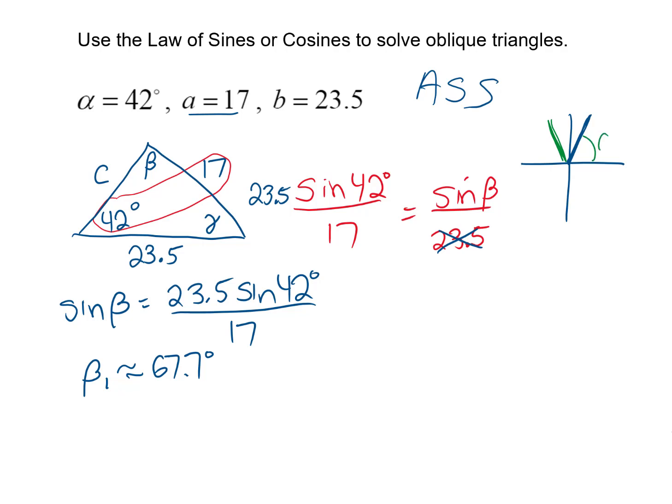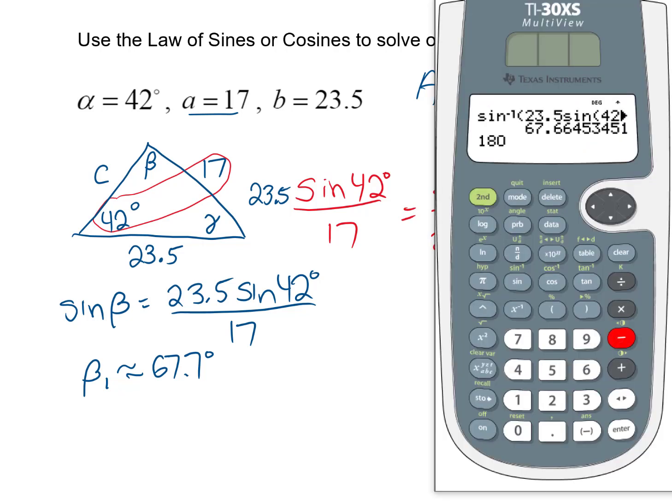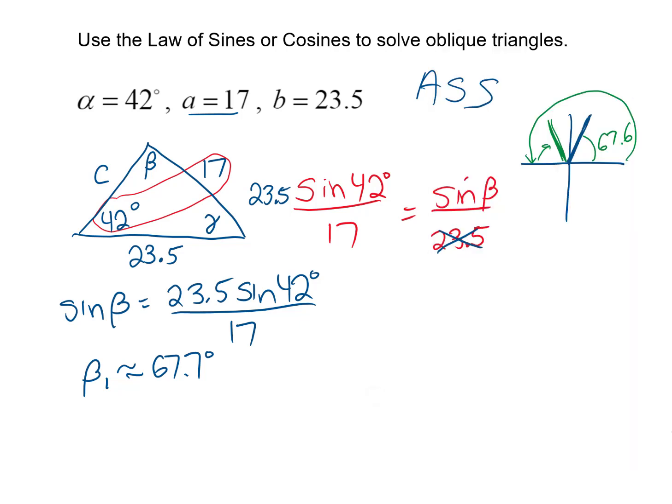And if this is 67.7, then this other angle is 180 degrees minus the 67.7. So let's take 180 minus the answer that's in the calculator there, and I get 112.3.